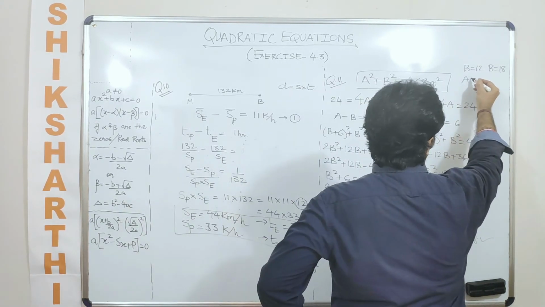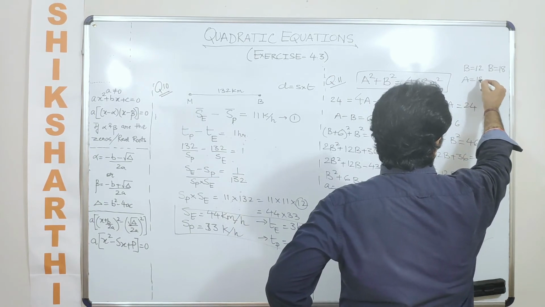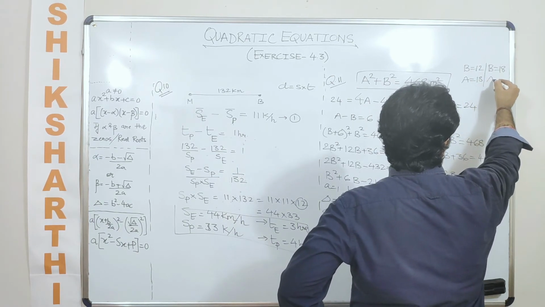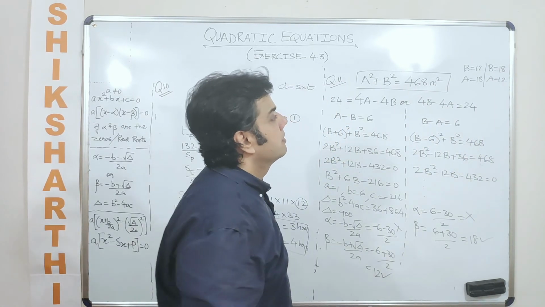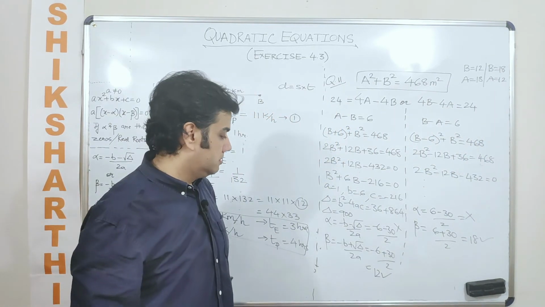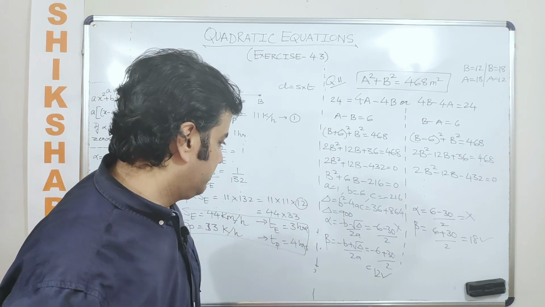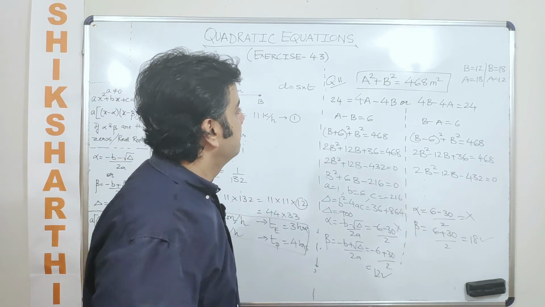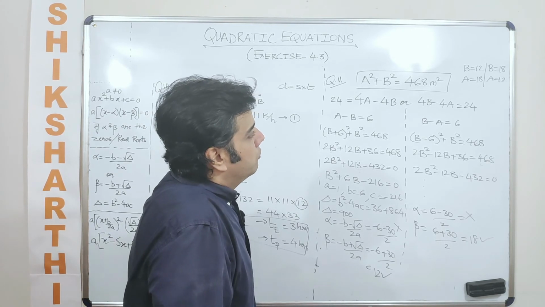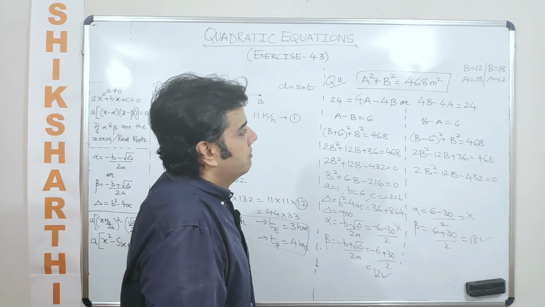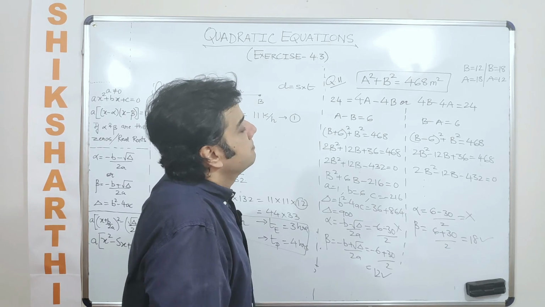Okay, so in one case a would be greater, which is 18, and in the other case a would be smaller, which is nothing but 12. Has it been done correctly? Okay, how much is 12 square, which is 144?